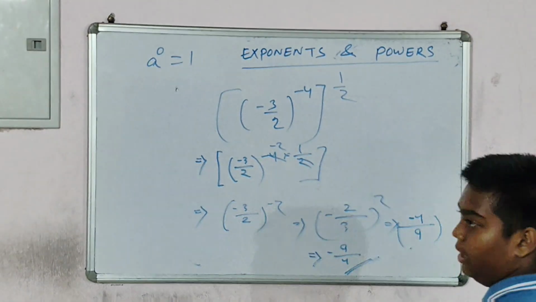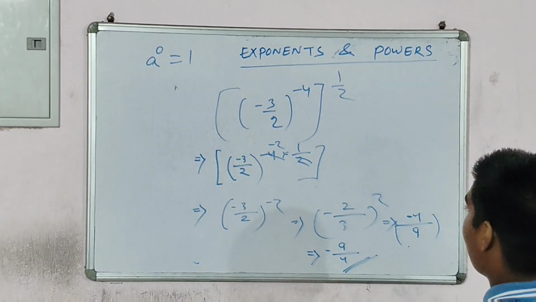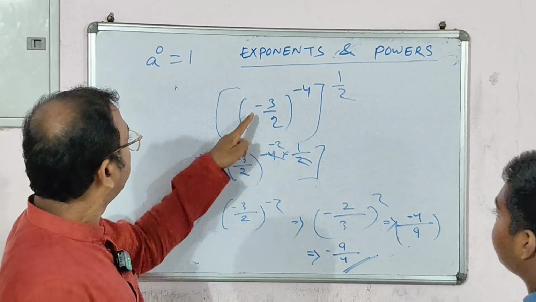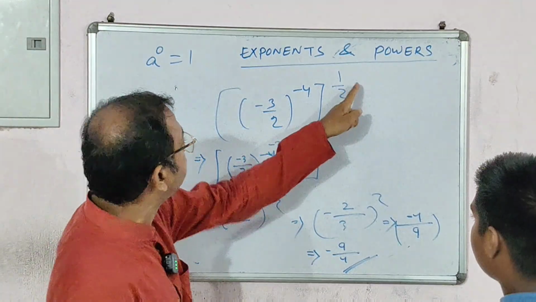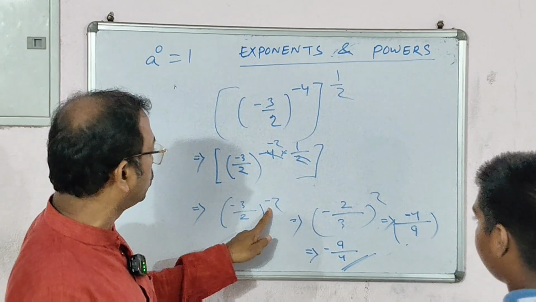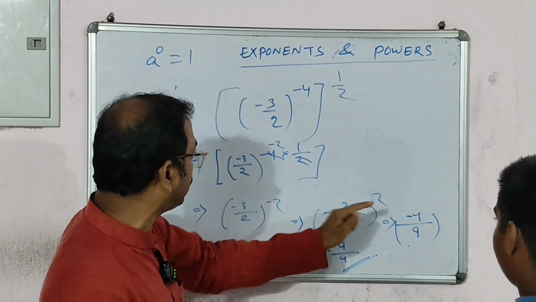What is your answer? -4. So I think some mistake is there. Let me check. So first of all, you simplify this one. -3 to the power, bracket means power should be multiplied. Yes. -3 to the power -2. So when you eliminate the negative power, you take the reciprocal. (-2/3) to the power 2.